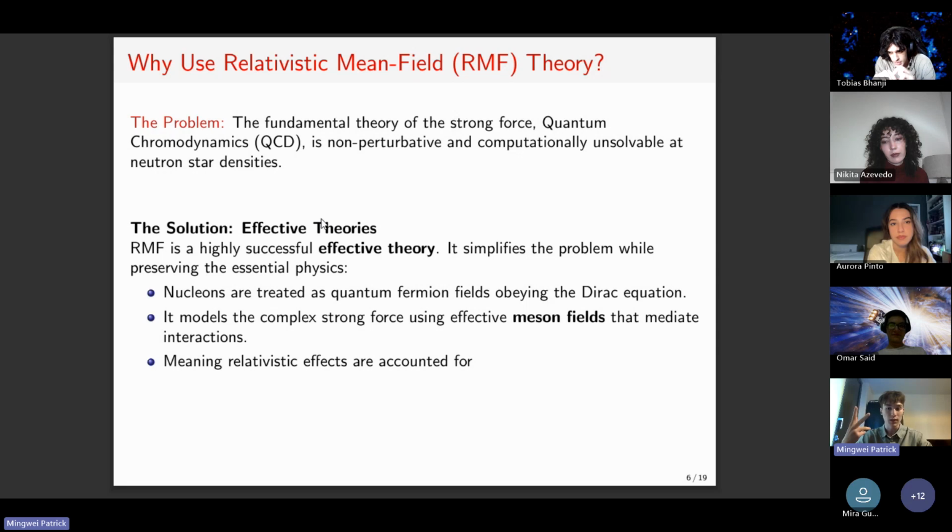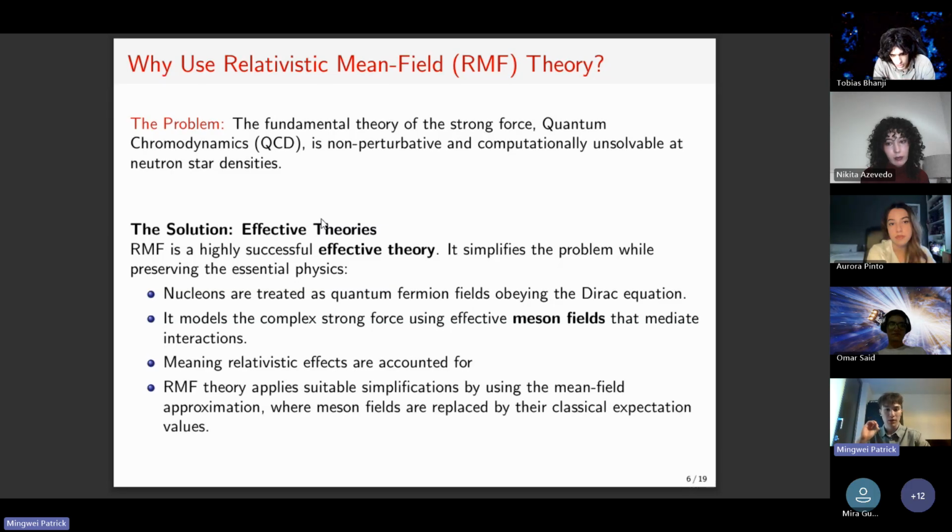This is because both of these are invariant under Lorentz transformations, which means that under the effects of special relativity, these quantities will remain the same no matter which perspective you take. So we are accounting for the relativity component. And finally, RMF theory applies some simplifications by using a mean field approximation, which is in its name, right? Relativistic mean field theory. We can use this approximation because of the high densities. The neutron matter can be considered as a continuous medium rather than individual particles.